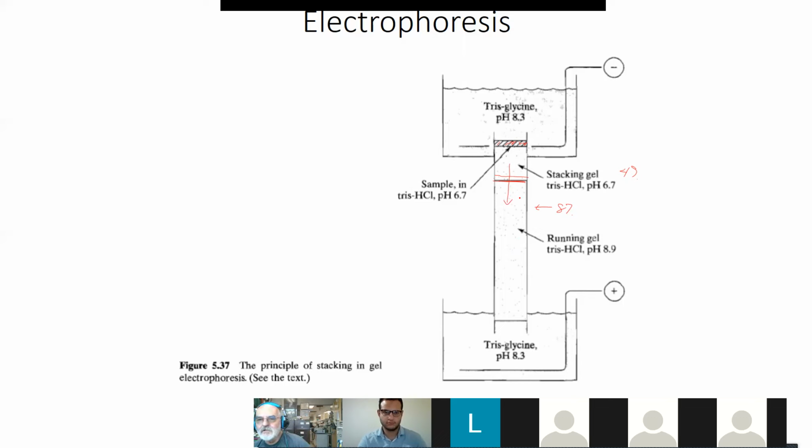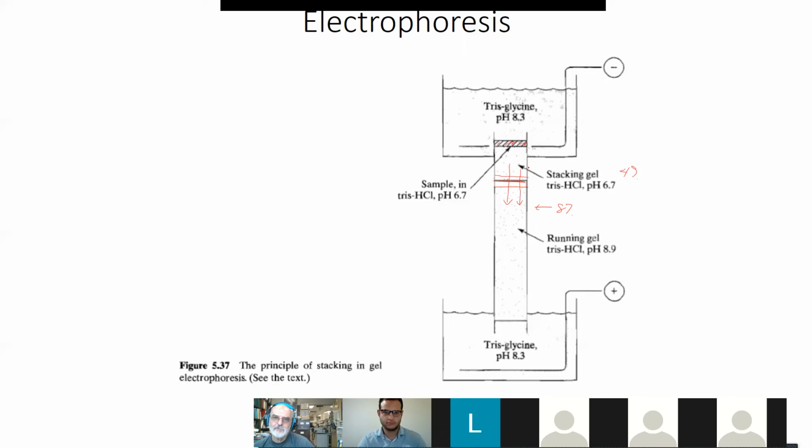And that increase in mobility at that interface pulls the protein along and sharpens the band. All of the back part of the zone is pulled along in this flow of the higher mobility, and it sharpens the bands. And so the big advantage of discontinuous gels is sharp bands.